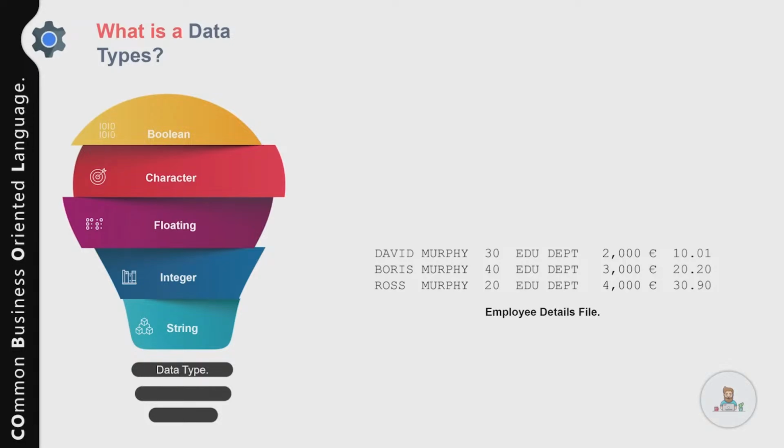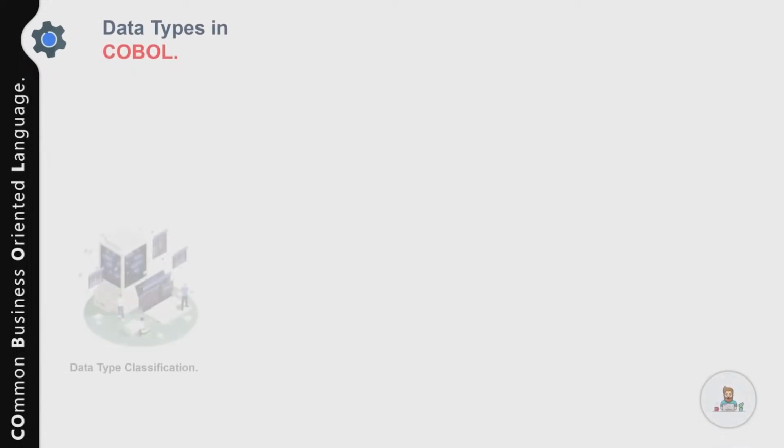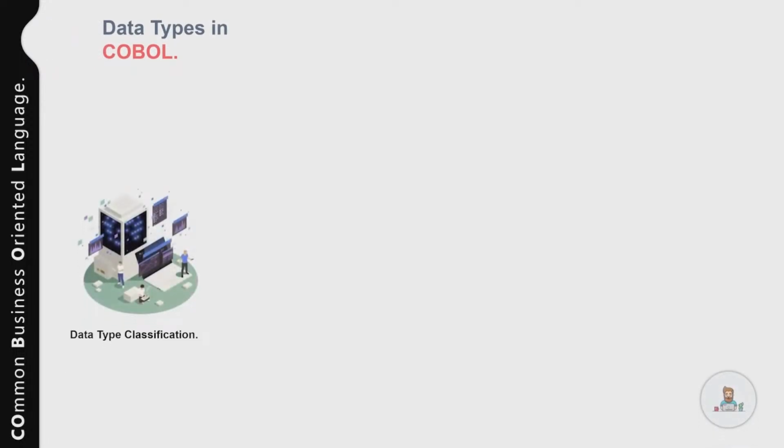After that you have employee monthly tax, which is a floating value, that is something with a fraction part, for example, 10.01. So finally, a major part of understanding how to design and code programs is centered on understanding the type of data that we want to manipulate and how to manipulate that data in our COBOL program.